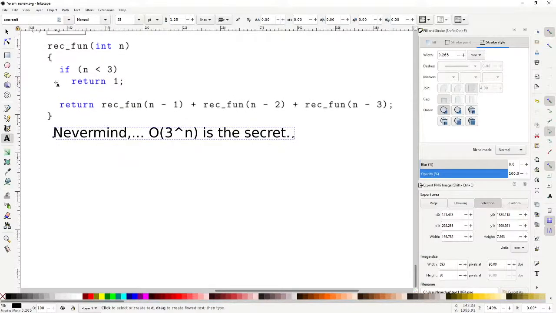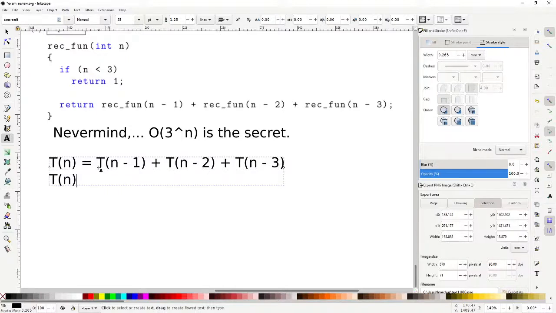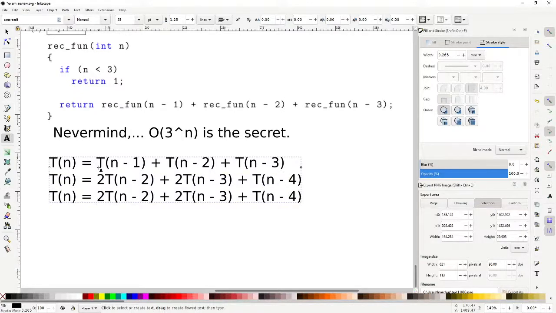I forget exactly how I told them to do it, because I'm thinking of setting up a T of n equals T of n minus 1 plus T of n minus 2 plus T of n minus 3 type of sequence. Then T of n minus 1 is equal to, you know, T of n minus 2, so it's actually 2 times T of n minus 2 plus T of n minus 3 plus T of n minus 4. And then if you get rid of this, it's actually equal to 4 times this plus 2 times this plus 2 times T of n minus 5 or something like that.